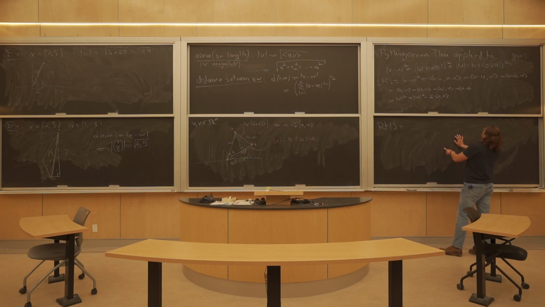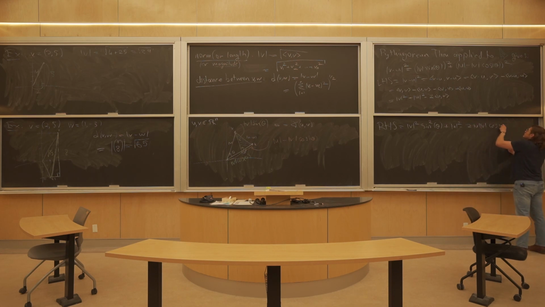So now the right-hand side over there is v norm squared times sine squared of theta plus u norm squared minus 2 u norm v norm cosine theta, and then plus v norm squared cosine squared of theta.